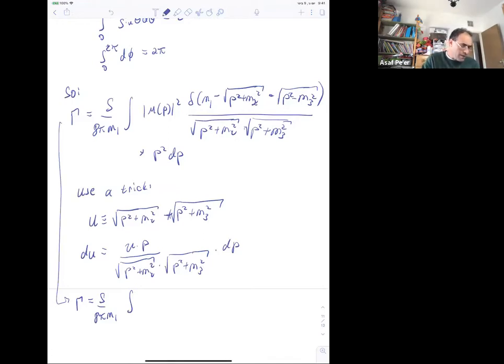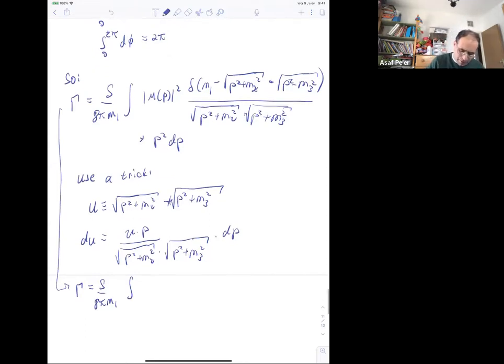I need to set the boundary of integration. So p is equal to 0. That means that u is equal to m1 plus m2, so it's m2 plus m3, m2 plus m3 to infinity. And that is because p equal to 0, that is u is equal to m2 plus m3. So these are the boundaries, right?